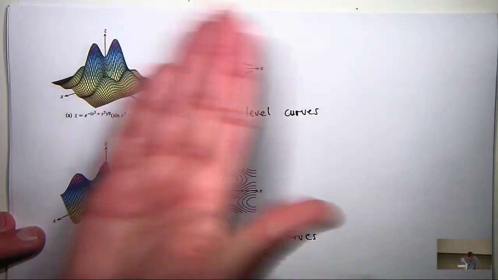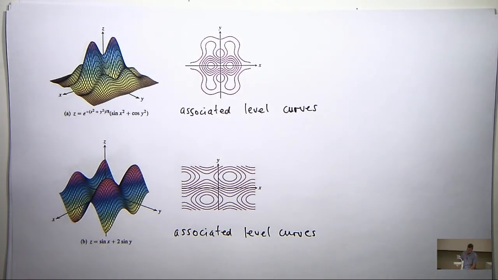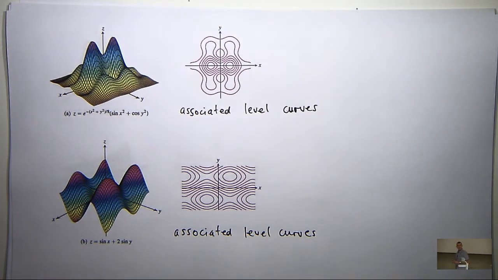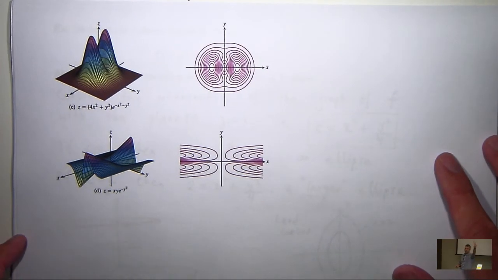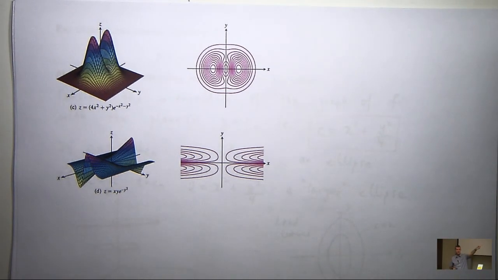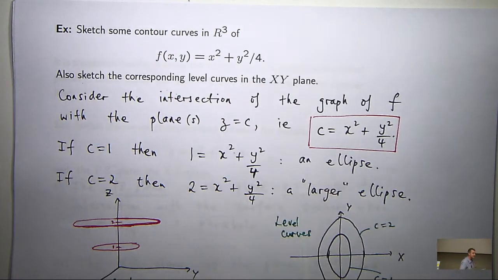Think of these curves as slices with planes parallel to the xy plane, then pushed into the xy plane and sketched. Here are a couple more. Maybe you don't want to stare at them for too long, but we're going to learn how to produce those things and sketch some simple curves.